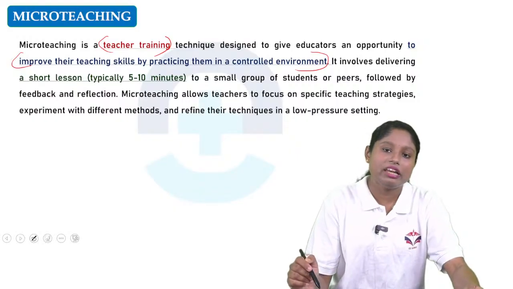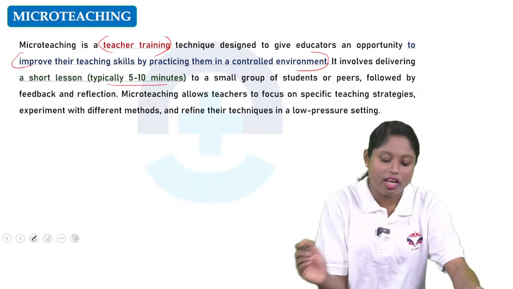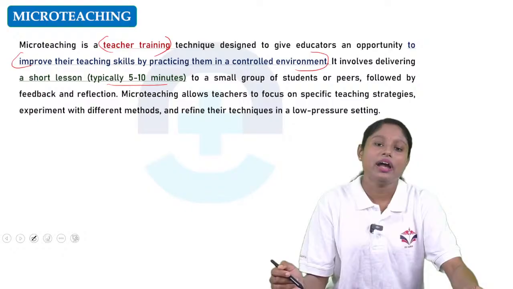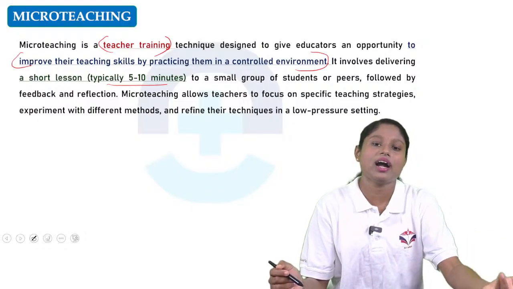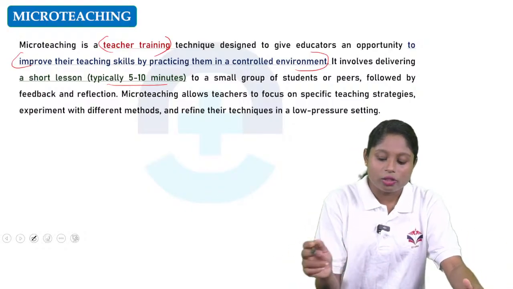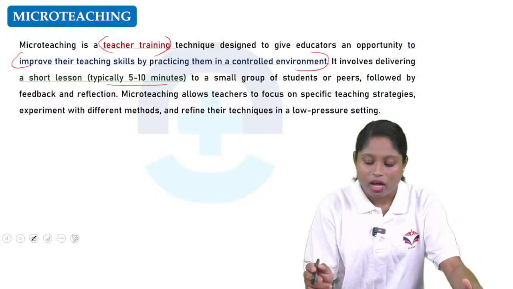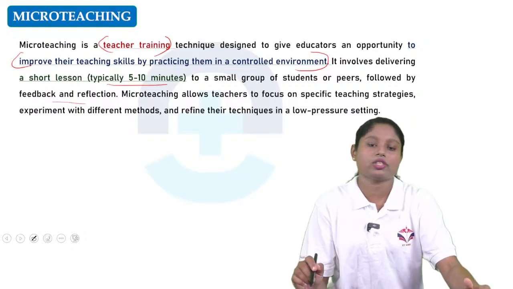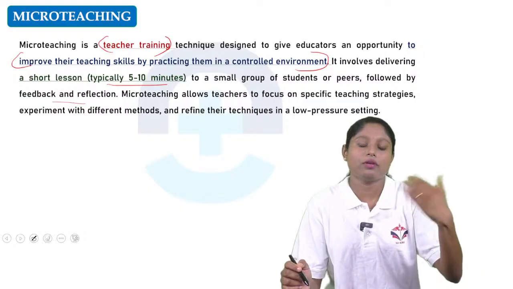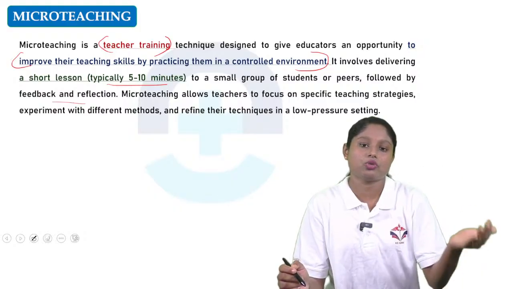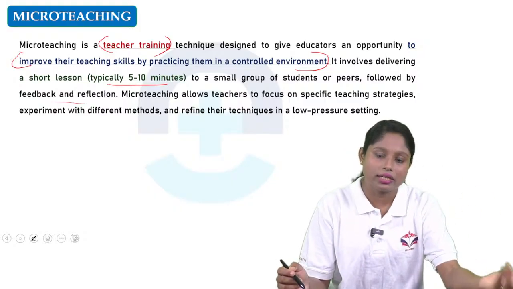It involves delivering a short lesson, typically 5 to 10 minutes. So within 5 to 10 minutes, the teacher should give a short lesson to a small group of students or peers, followed by feedback and reflection. After the lesson, feedback and reflection will come from the students or friends who attended that class.